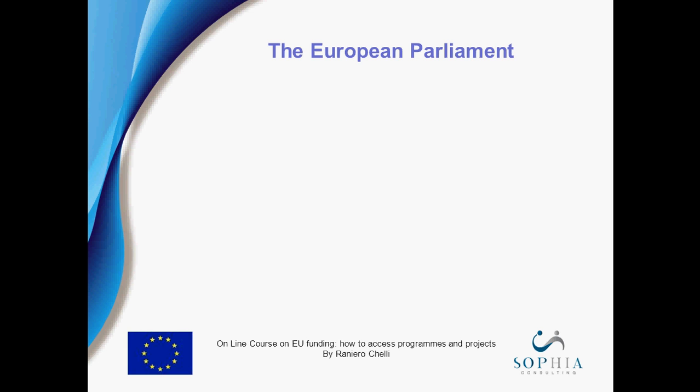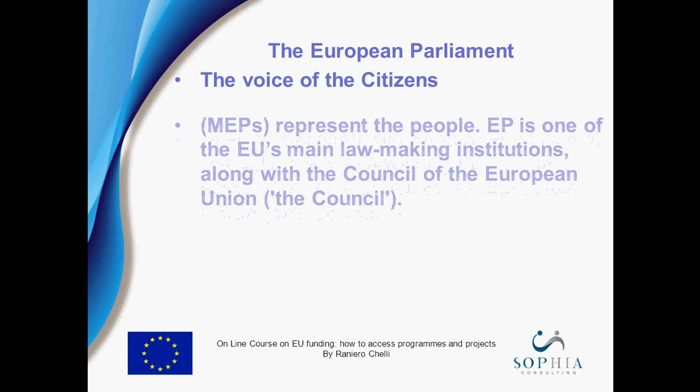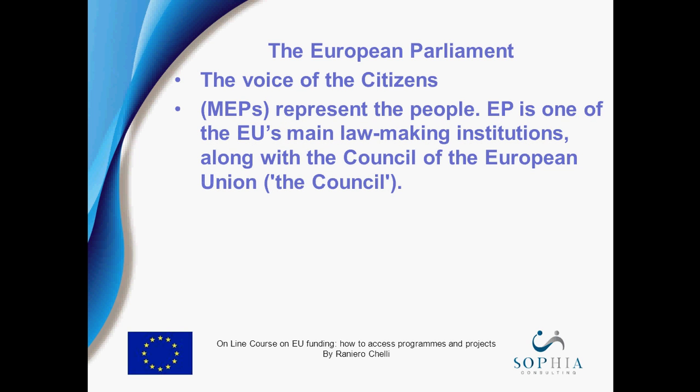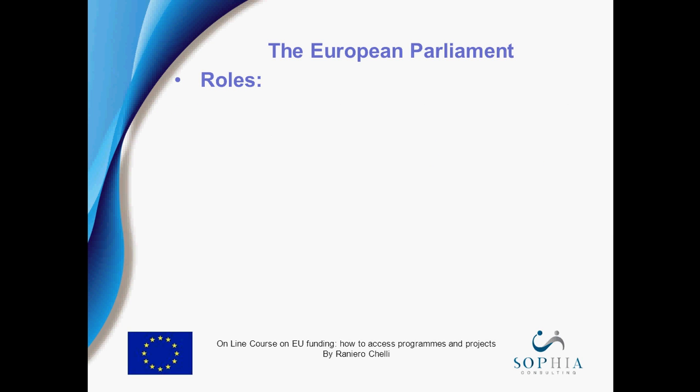The first one we have to talk about is the European Parliament. It represents the voice of the citizens. In fact, the members of the European Parliament, the MEPs, represent the people who have elected them. The Parliament is one of the main law-making institutions, together with the Council of the European Union.